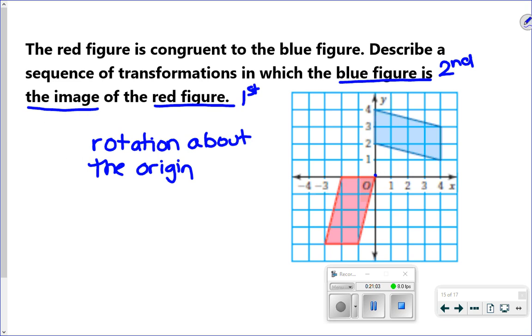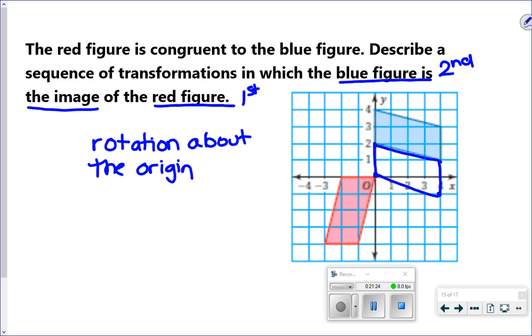What I was visualizing would be having the shape look like this. So a rotation, it is about the origin, but actually it's not 180 degrees.